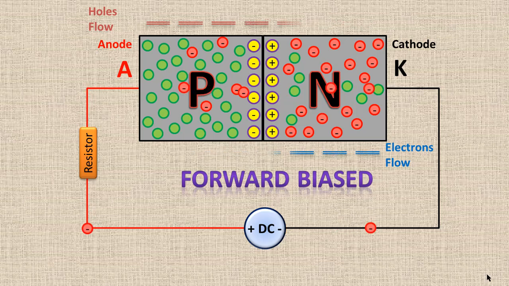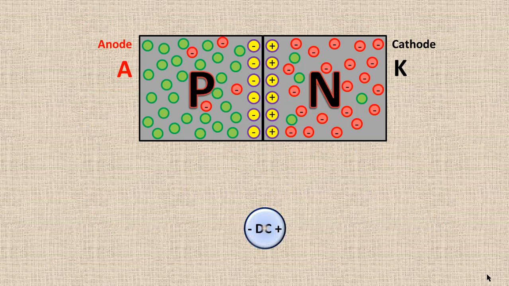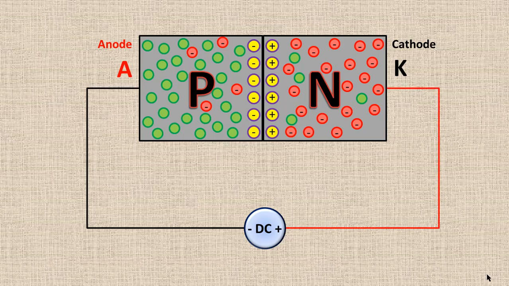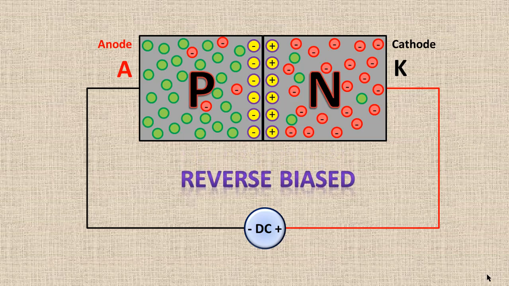When the negative terminal of the external power supply is connected to the anode, that is the positive side of the diode, and the positive terminal is connected to the cathode, that is the negative side of the diode, this biasing is called reverse biased. Because opposite charges attract, the positive terminal of the DC source pulls free electrons, the majority carriers in the N-type region, away from the junction.